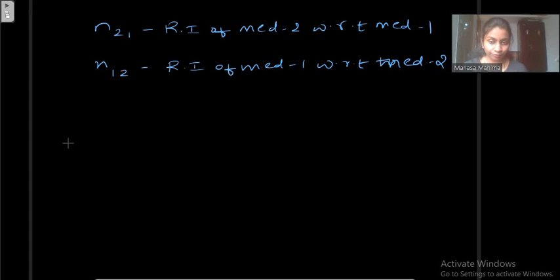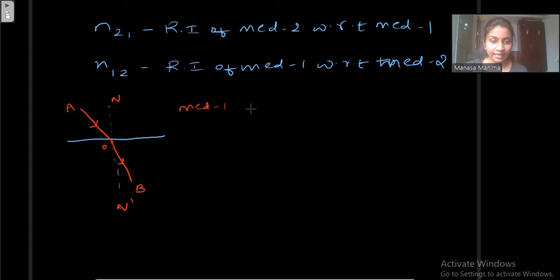Okay, this is AB and this is N prime, this is O. If I take medium 1 as air or vacuum, and medium 2 like that only, then we will call that kind of refractive index, the refractive index of the medium with respect to air or vacuum, the absolute refractive index.